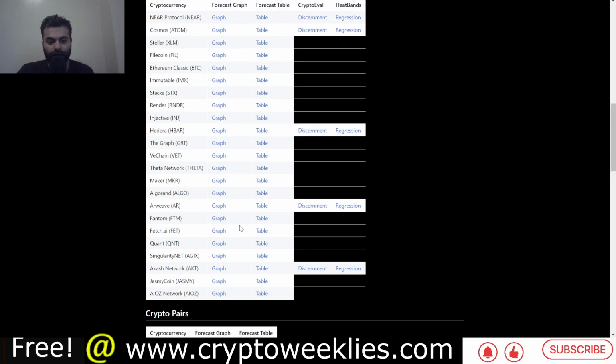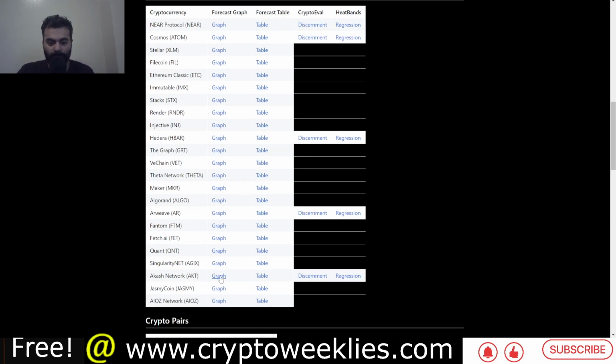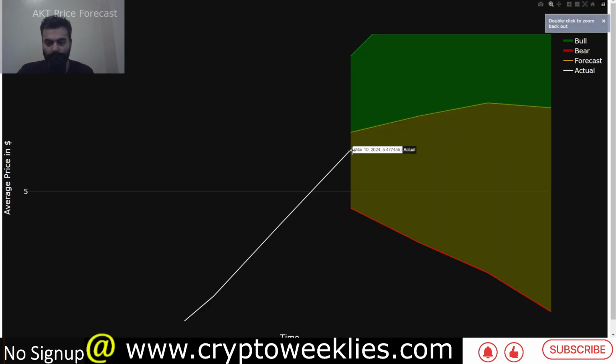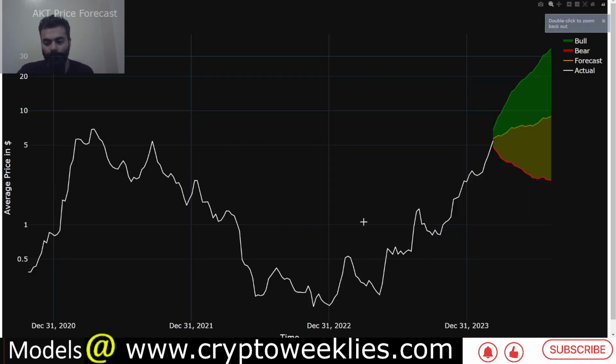So in terms of the forecast graph, we had trained this AI model on Akash's price action in the middle of March of 2024, almost 2 months ago. This looks at the weekly price action color coded in white. The bull case forecasted by our model is green, the bear case is in yellow to red, and the base case is in orange. Right now we are in May, second week of May, May 12th.